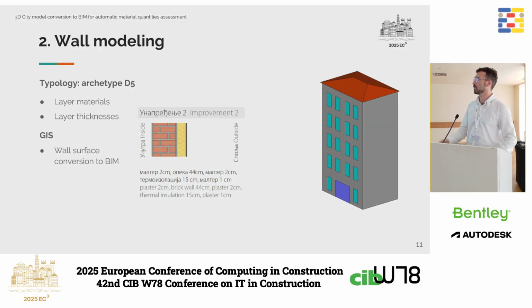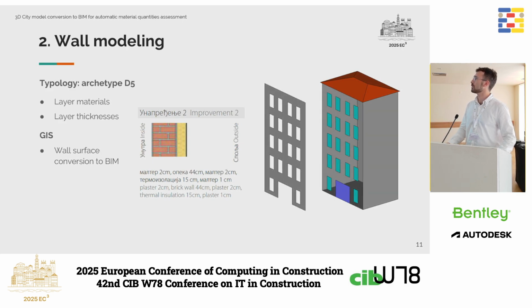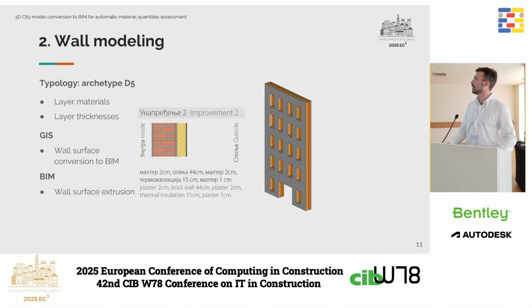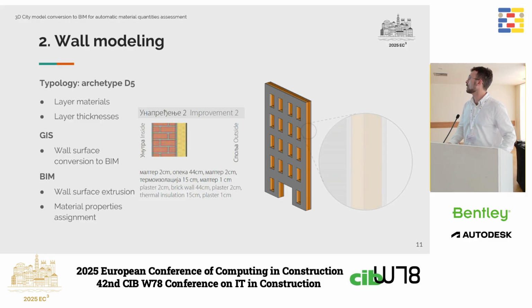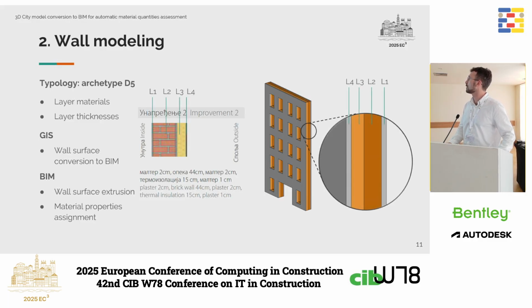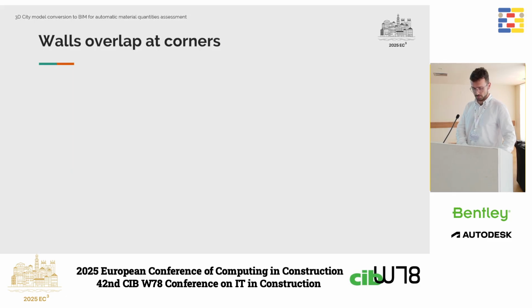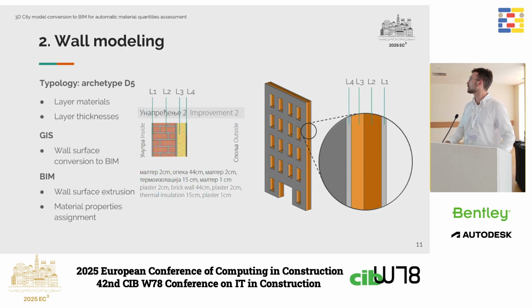From GIS, we would get the wall surface converted to BIM, and then offset and extrude this surface for the number of layers that we have, and of course assign materials to it.